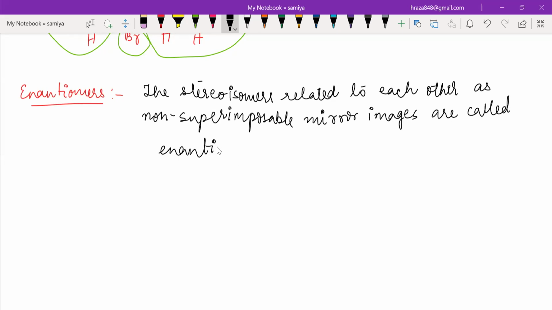So if you take a mirror image of a compound, and they do not superimpose on each other, that relation is called enantiomer.